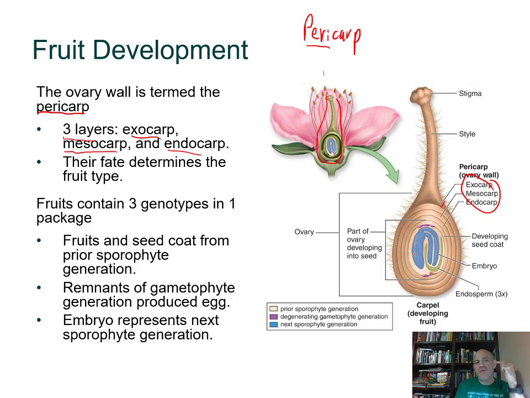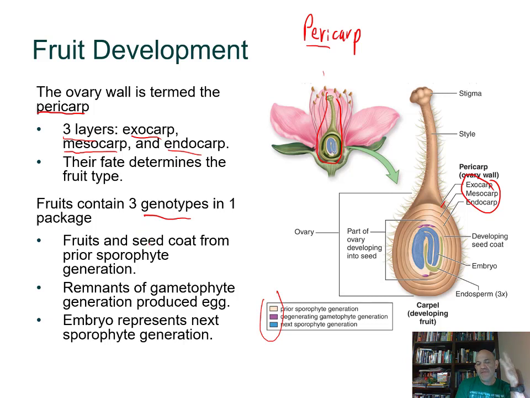Now, when we look at the fruit and then the seed itself, basically you're going to have 3 generations there. It says genotypes here, but it might be better to say the generations themselves. And there's some color coding here to what we're talking about.